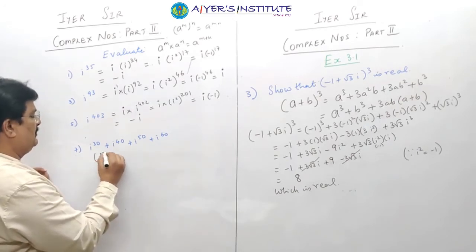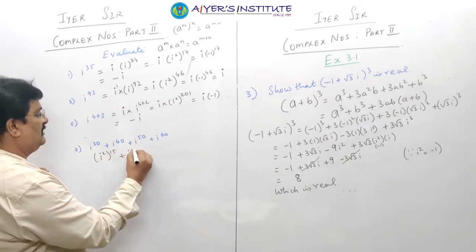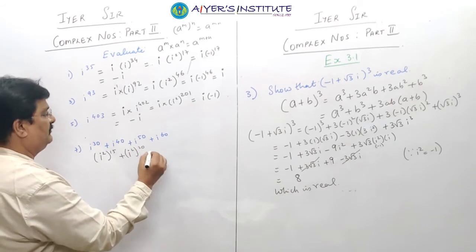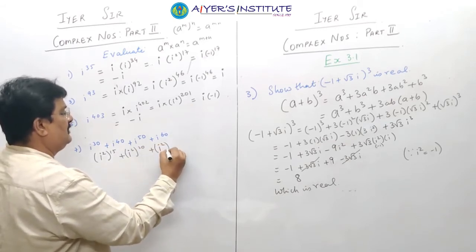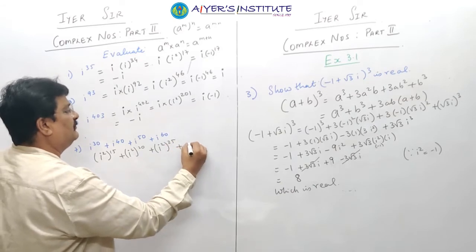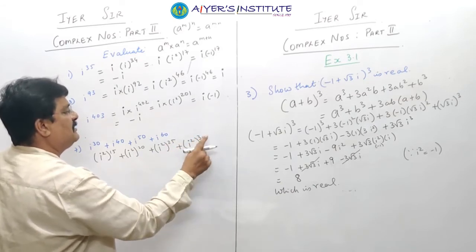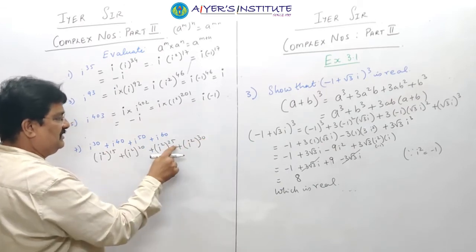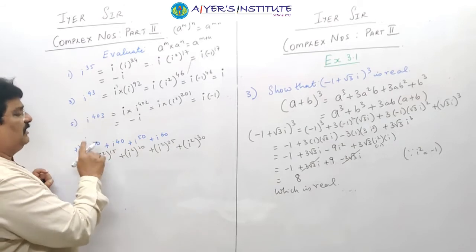I square raised to 50, i square raised to 20, i square raised to 25, i square raised to 30. 30 2s are 60, 25 2s are 50, 20 2s are 40, 15 2s are 30.